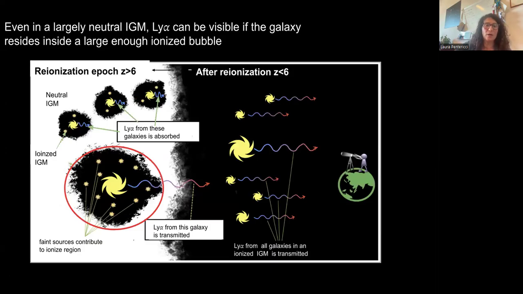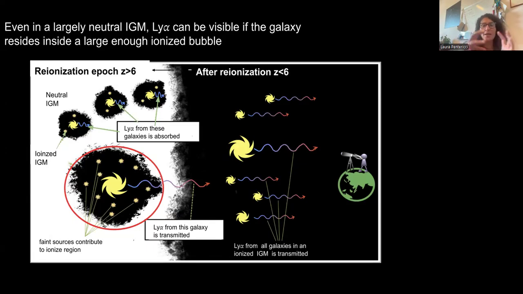Okay, so just before I stop for questions, I also want to show that we are trying to set some constraint on the topology of ionization, because what we find is that even in a large neutral intergalactic medium, as I showed you, Lyman alpha can be visible. The reason it is visible is that galaxies, when they are bright enough, have already carved large enough ionized bubbles.